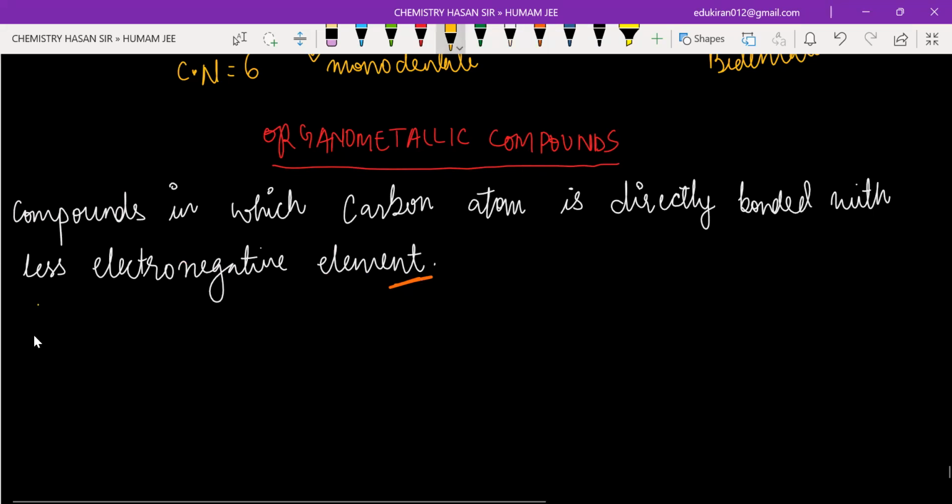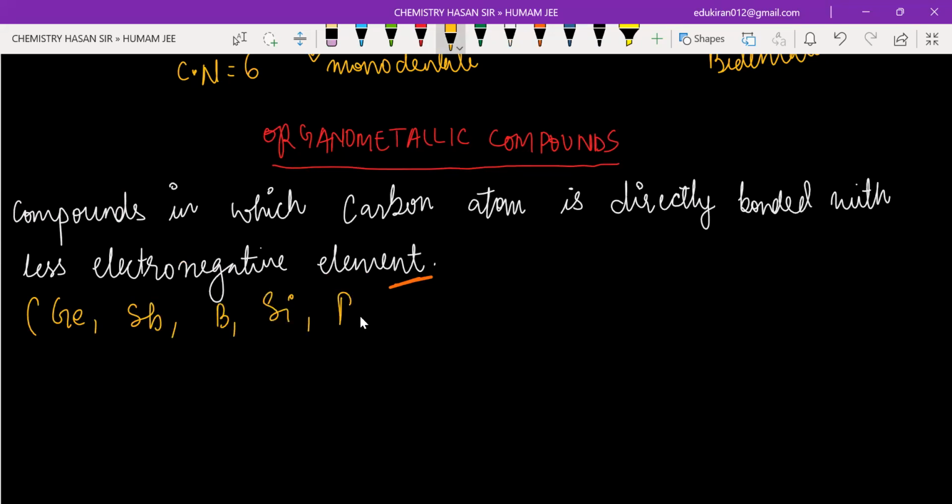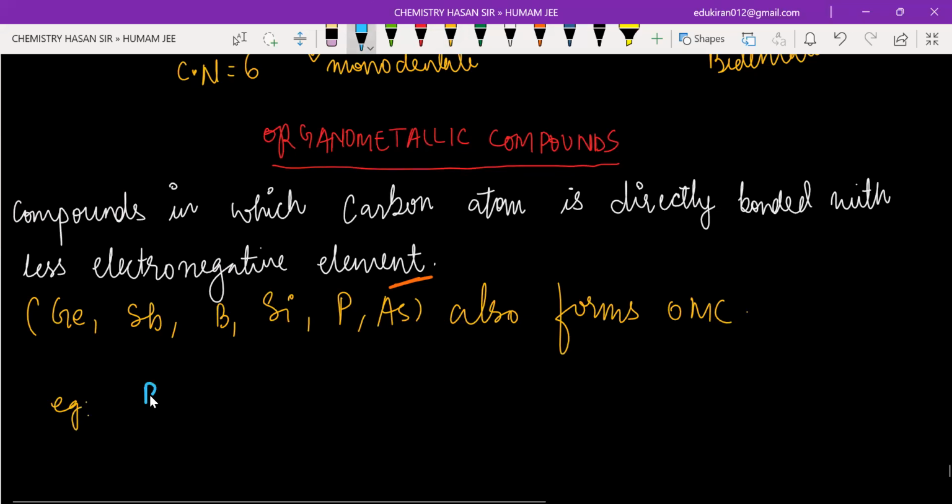For example, elements like germanium, antimony, boron, silicon, phosphorus, arsenic also form organometallic compounds. OMC, I'm going to write organometallic compound. For example, R is an alkyl group directly connected to Zn and R. Zinc is a metal which is less electronegative.